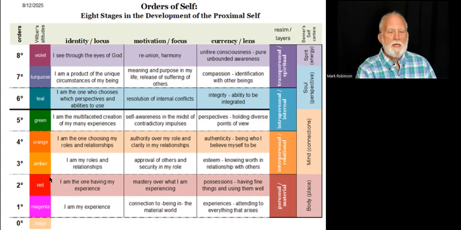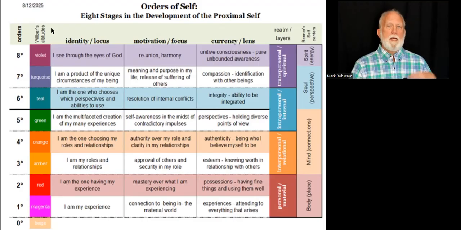Now, you will see that these colors here are identified. These are from the work of Ken Wilber, which is an expansion of the work of Clare Graves and Beck and Cowan in what's called spiral dynamics, which looks more at how cultures or collectives of humans, nations, tribes relate and evolve.